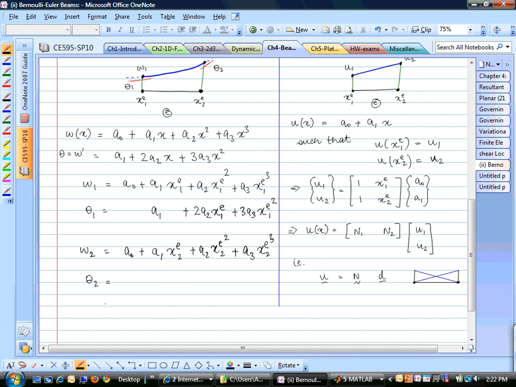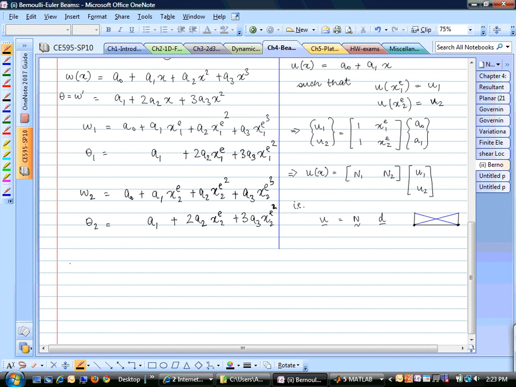Well, actually, if you include the axial displacements, then it does have 3 degrees of freedom. And then finally you will get A1 plus 2 A2 x E2 plus 3 A3 x E2 square.